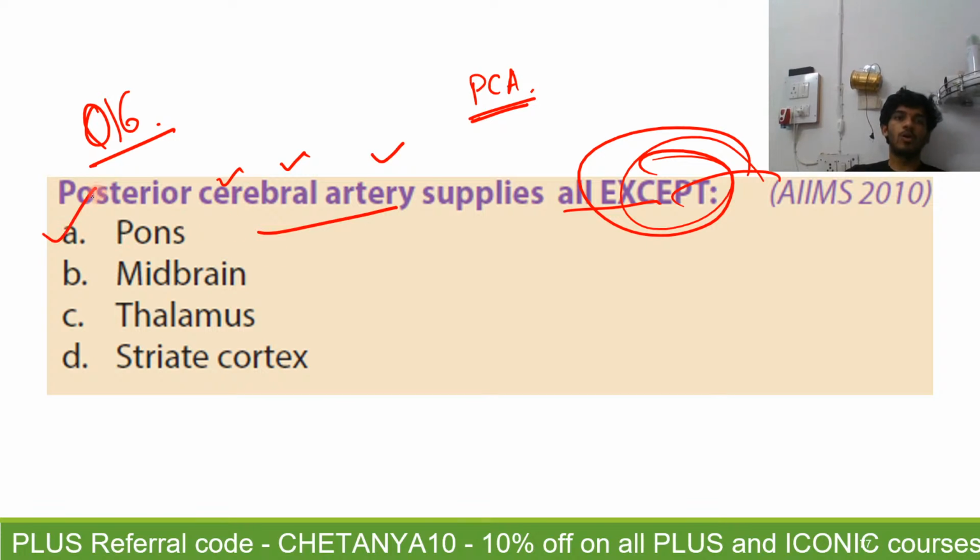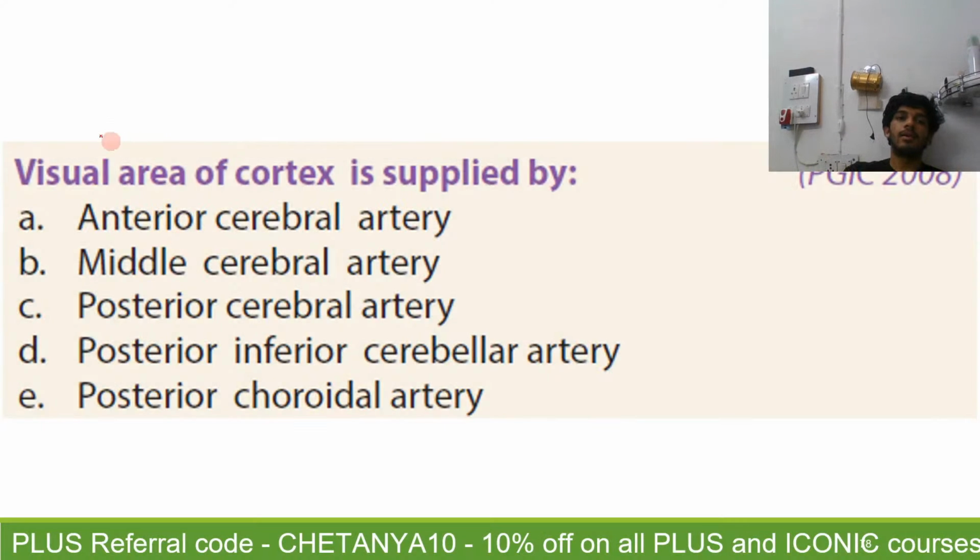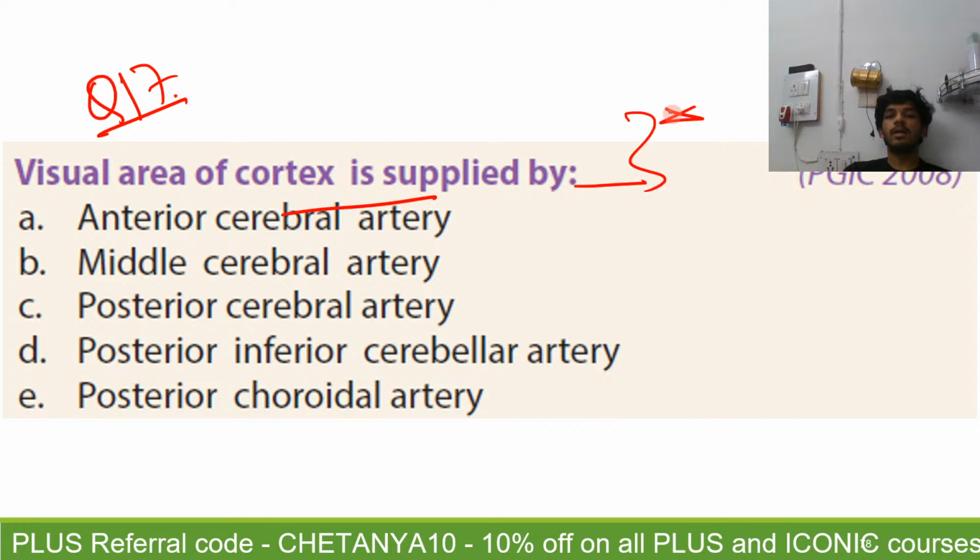Pons, right? Because pons is supplied by the basilar artery. Question 17. Visual area of cortex is supplied by. Visual area.